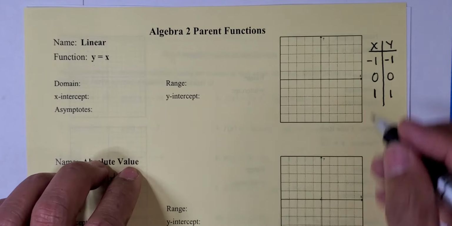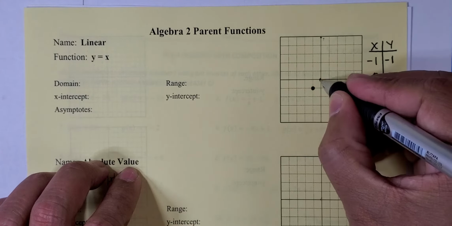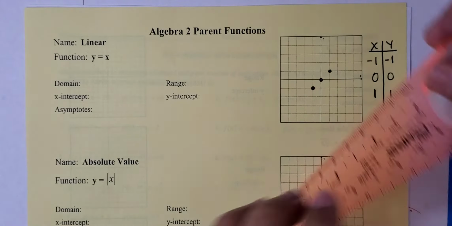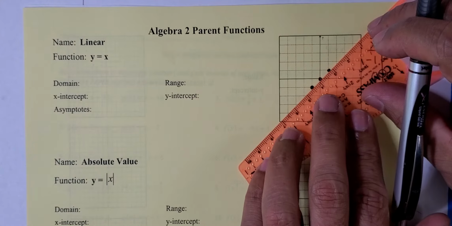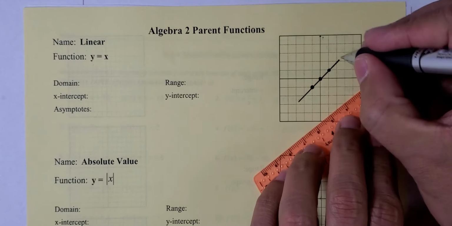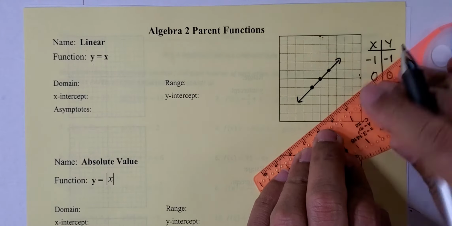So then I'm going to plot the 3 points. So this is -1, -1, this is 0, 0, and this is 1, 1. So then I'm going to connect the 3 points so I can sketch the graph of this linear function or equation. Okay, so this is the parent function of all linear functions.